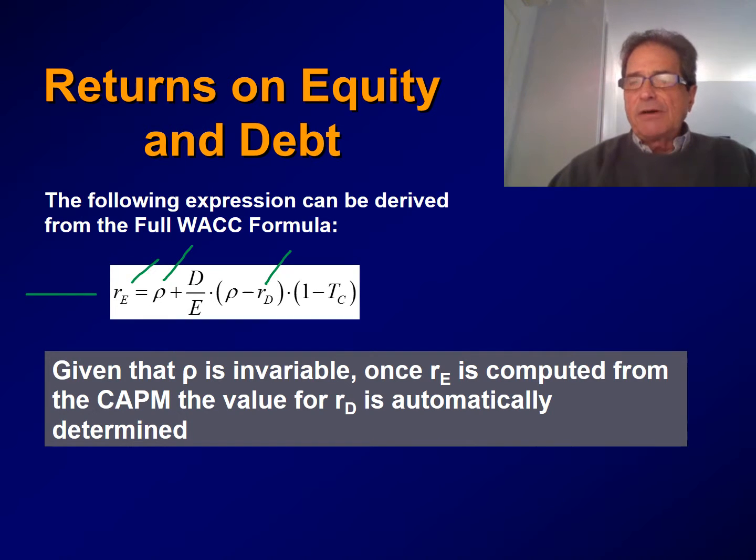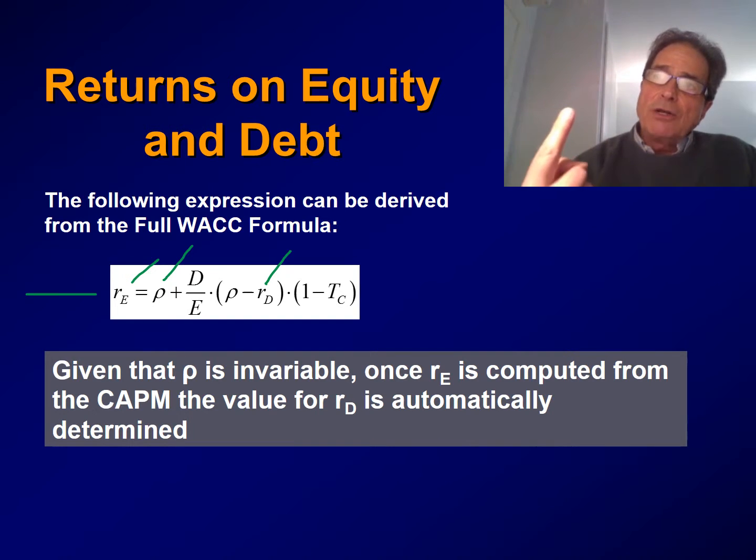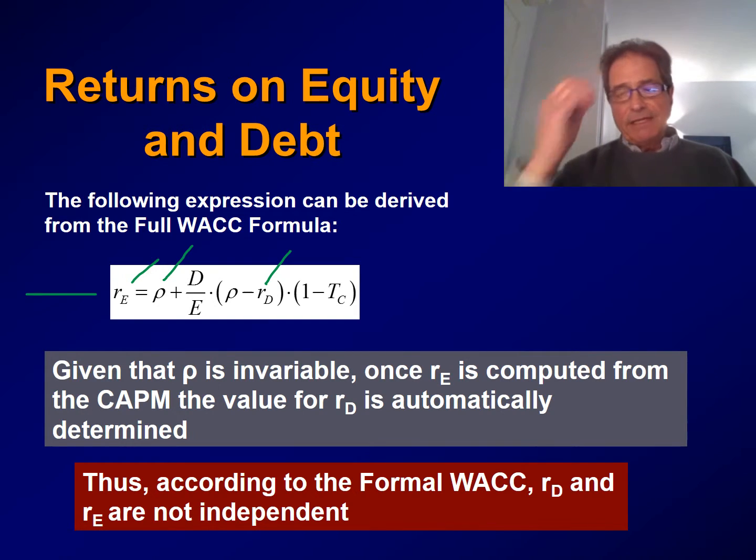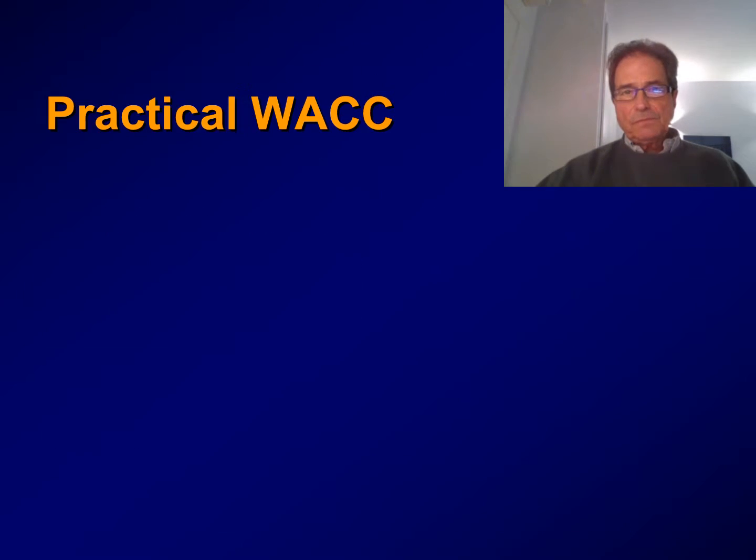Once RE is determined using the CAPM, and rho depends on the type of business, then we only will have one value of RD for every level of debt. So according to the formal WACC, RD and RE are not independent variables. Let's now focus on the practical application of WACC.